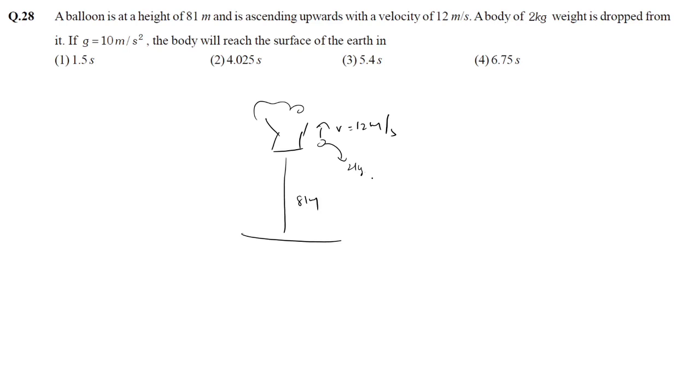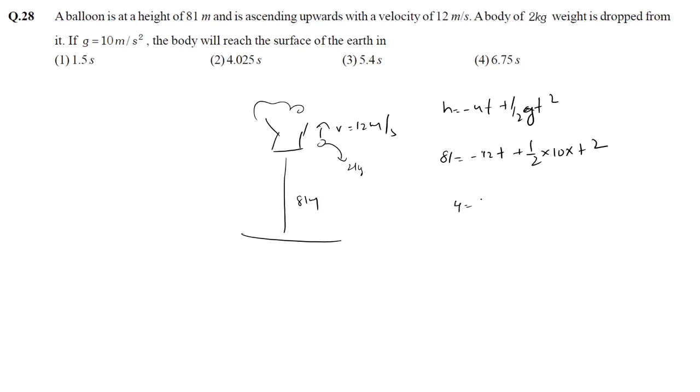That means they are asking time, children. They are asking us to calculate time. So h is equal to minus ut plus half gt square, the formula we are going to use. So 81 is equal to minus 12 into t plus half into 10 into t square. So just simplify this formula and find out the value of time.